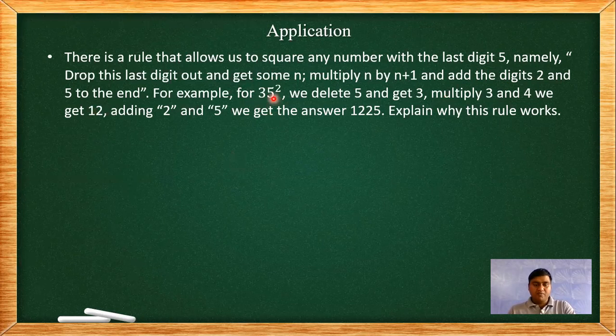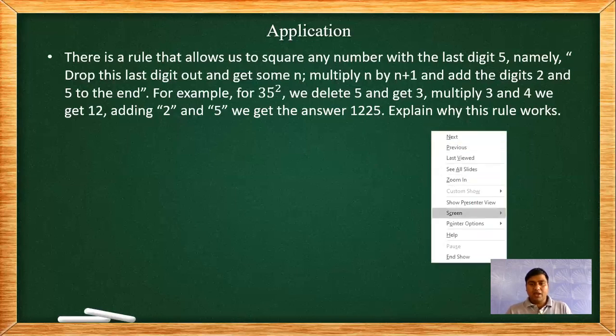First we delete 5, the remaining digit is 3. Now we multiply 3 into 3 plus 1, that means 3 into 4. 3 into 4 is 12, and add 2 and 5. So we get the answer 1225. Now we try another example.